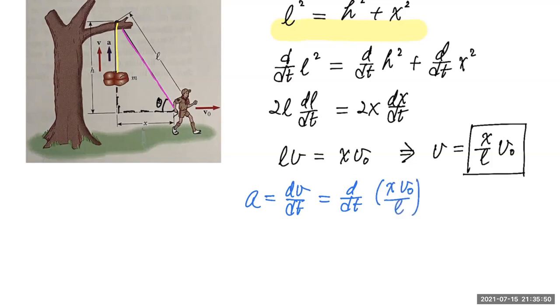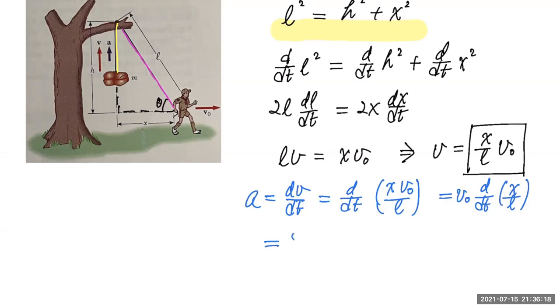Now we know v naught is a constant, so I can take that out. It's v naught times d/dt of x over L. Now x and L both change as a function of time. So you're looking at d/dt of a ratio or fraction, say f over g. You know how to do that, right? So you apply the formula you learned in your math class for calculus.